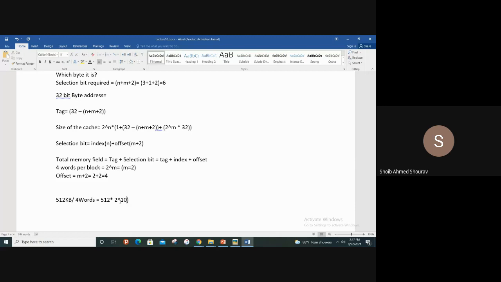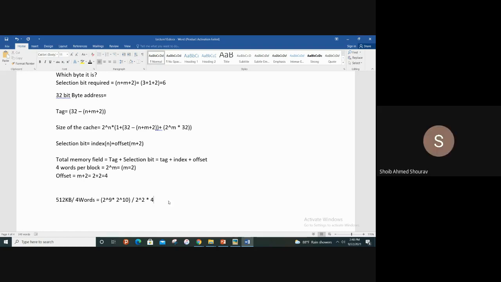So this is 512 into 2 to the power 10. And we can represent 512 as a power of 2 as well: 2 to the power 9 is 512. And we have to divide this by 4 words, and 4 words means 2 to the power 2 words, right? Please respond. Yes, sir. And every word is how many bytes? 4 bytes. Yes, sir.